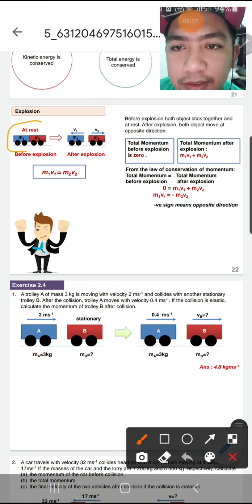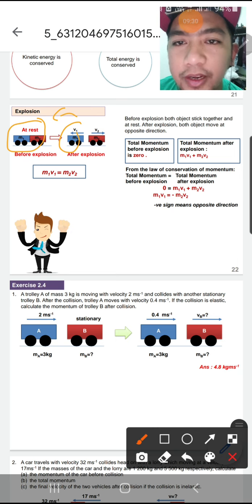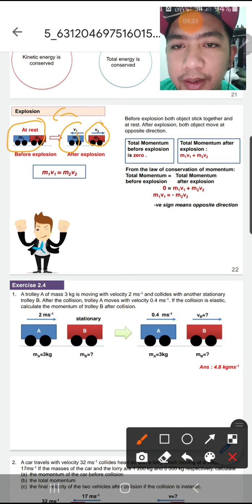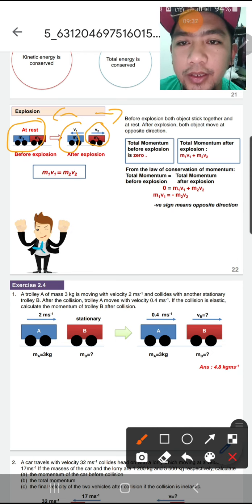First they are at rest, before explosion, and then after explosion, the blue car moved to the left and the red car moved to the right. So this we call explosion. The formula is m1 times v1 equal to m2 times v2.